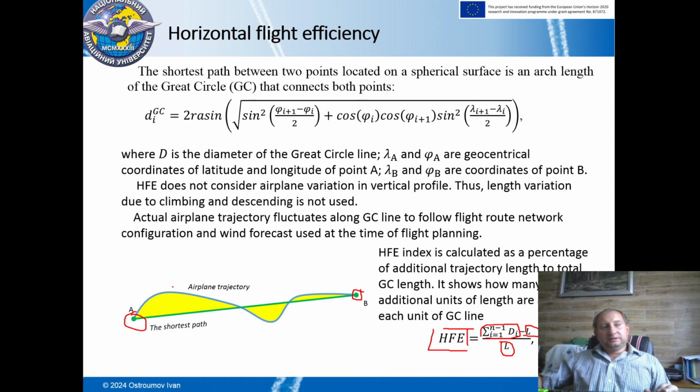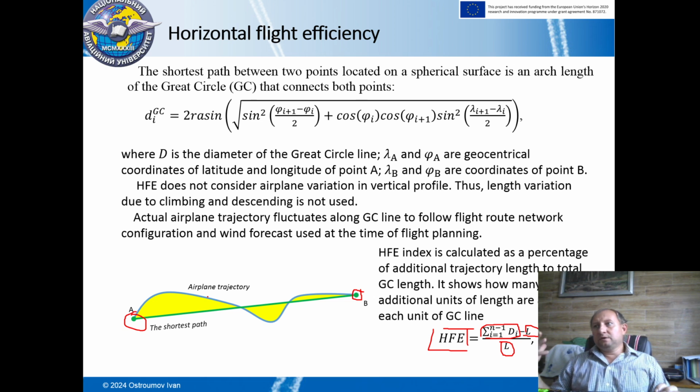Actually, an airplane trajectory usually can be represented as a set of waypoints. If we talk about flight planning or a flight plan, here we have waypoints where the airplane has to turn or goes through some nodes of the flight road network.